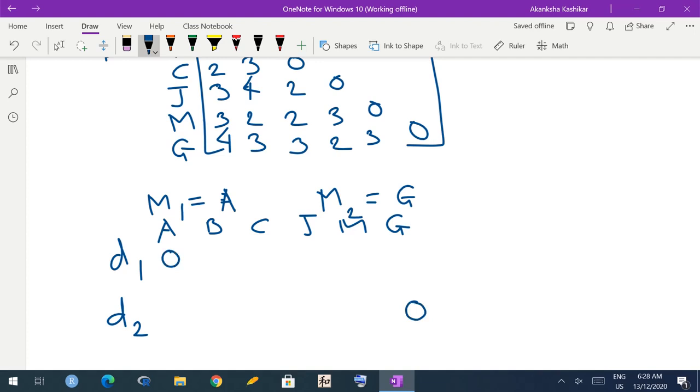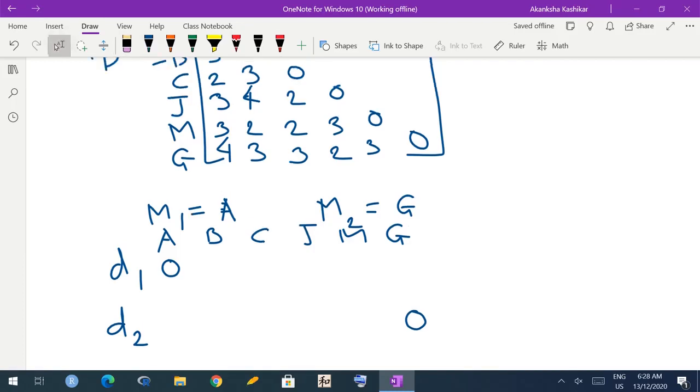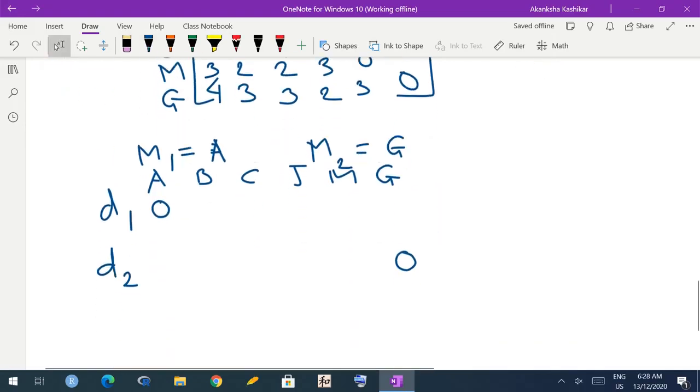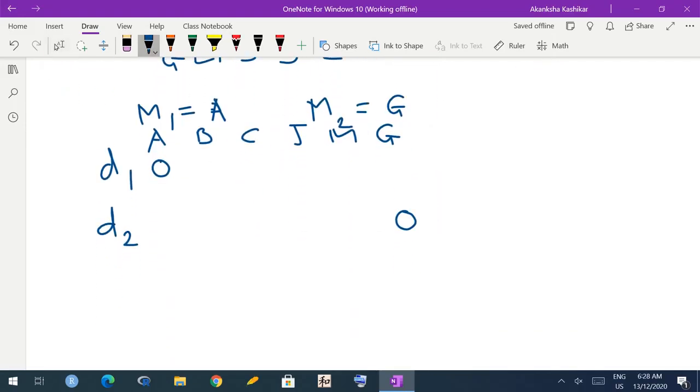Now distance of apple from banana. So if you see apple and banana, the distance is 3, correct? So distance between apple and banana is 3.